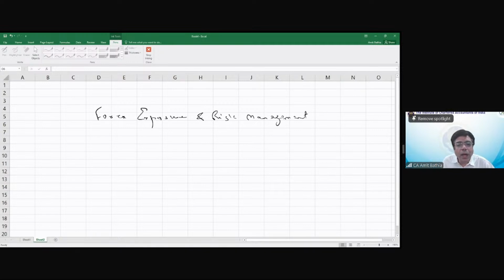Now, before I start with Forex exposure and risk management, let us first of all establish what is the meaning of Forex. So we will take care of the exposure and risk management part slightly subsequently, right? So first and foremost, what is Forex? Often also being denoted as FX, right? So what do you mean by Forex?